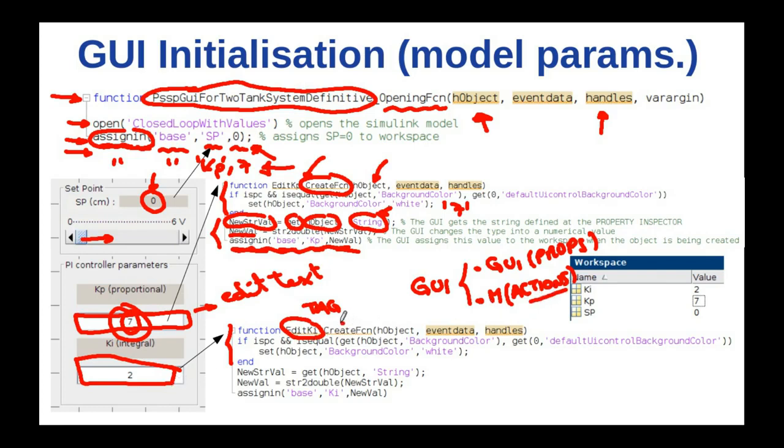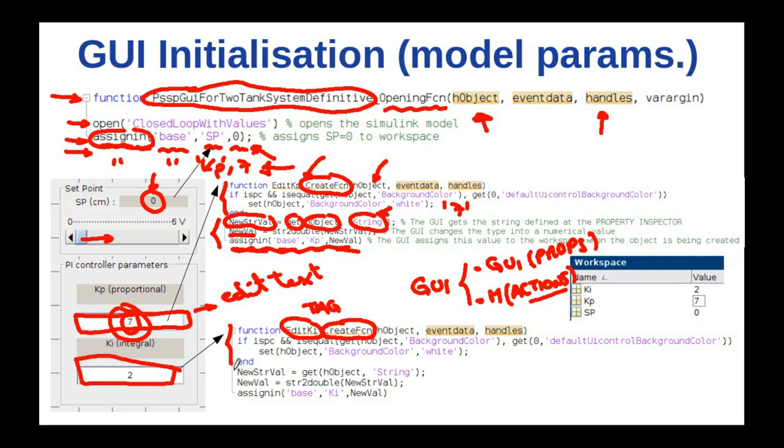And which action is here? The create function. That means when you create this element. So when the graphical user interface runs, not for the first time, but every time you open it, this element is being created. So all the actions that are gathered here will run after the element is created.